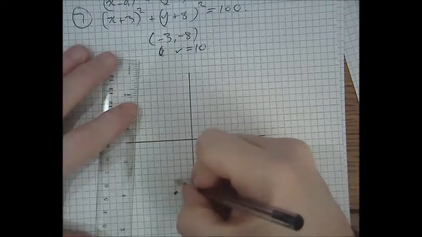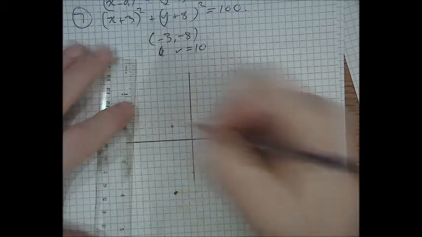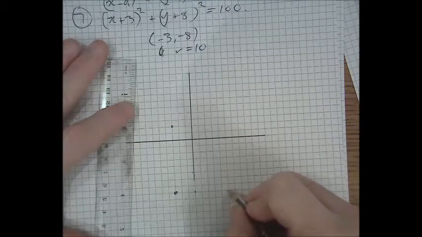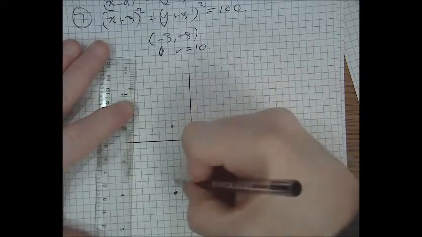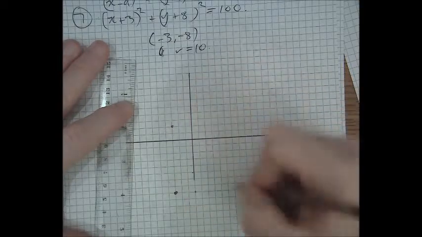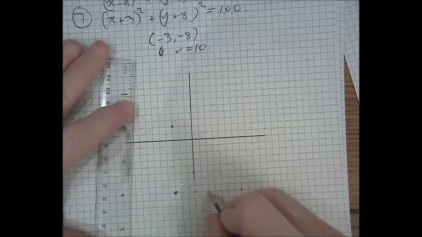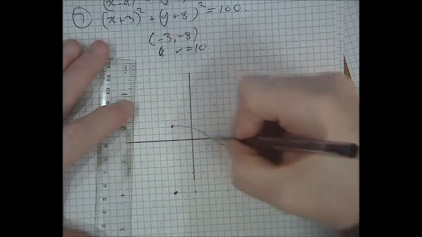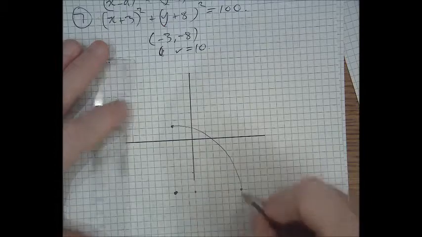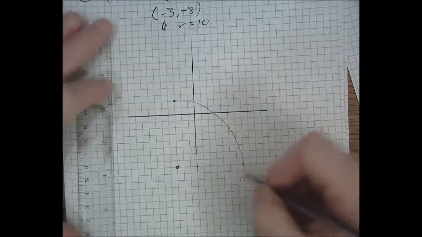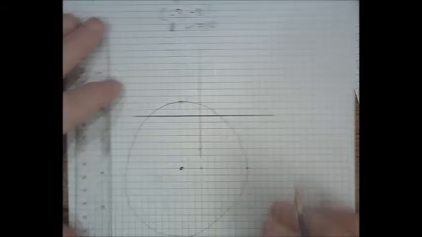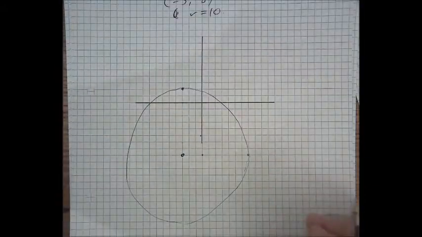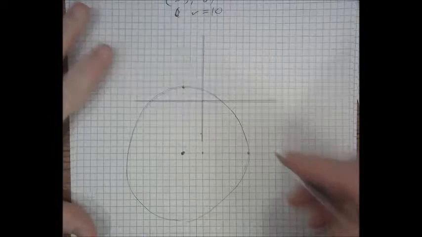So go up 10, across 10, and then you're good to go. I really should have had a compass. Sorry about that. Okay, there's my pretty bad looking circle.